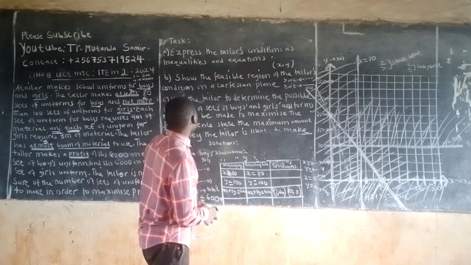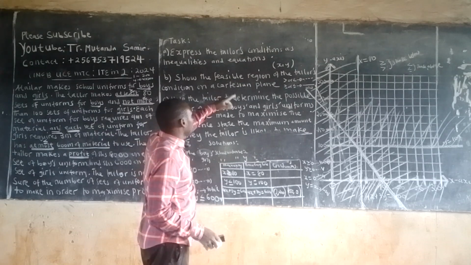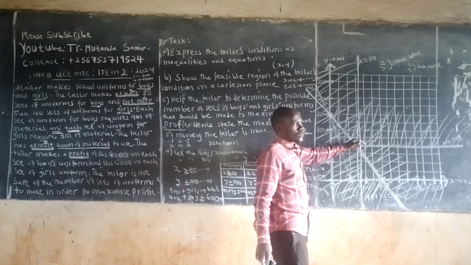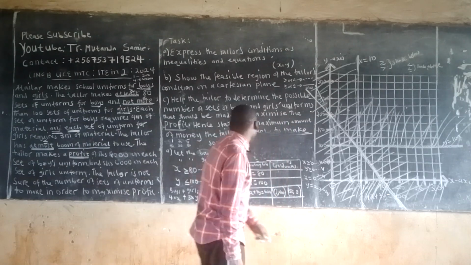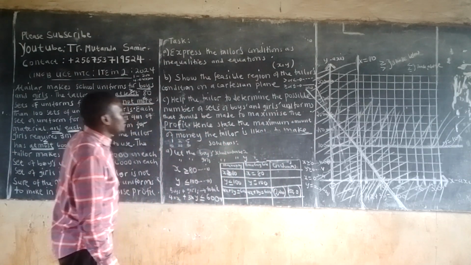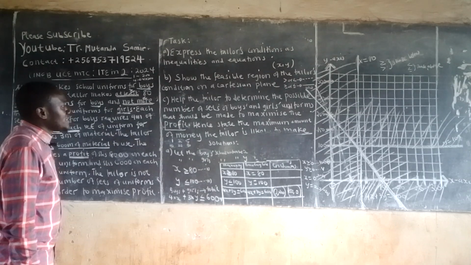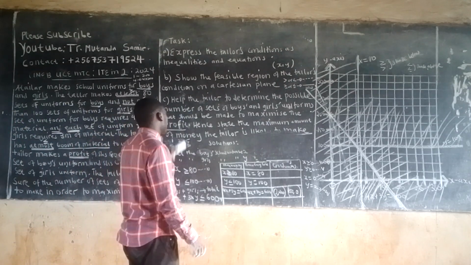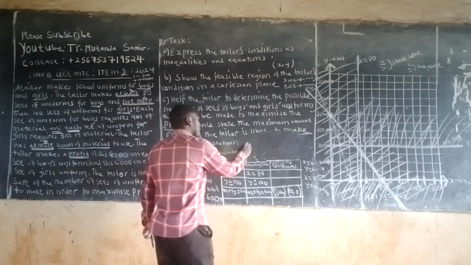Now, where they say show the feasible region of the tailor's condition on a Cartesian plane, this is a Cartesian plane, the XY plane. Now, I want to answer this part. Help the tailor to determine the possible number of sets of boys and girls uniforms that should be made to maximize the profit.